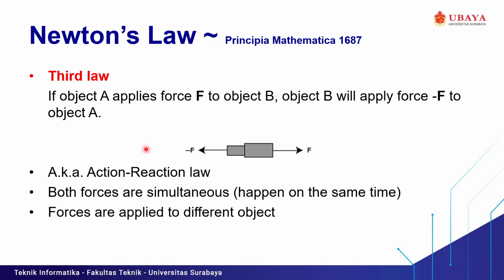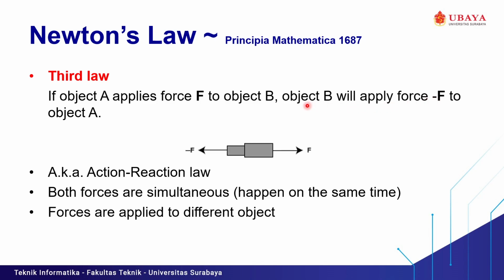Now the third law, which I think is more popular. When object A applies some force F to an object B, then object B will apply a similar force, but the direction is reversed.